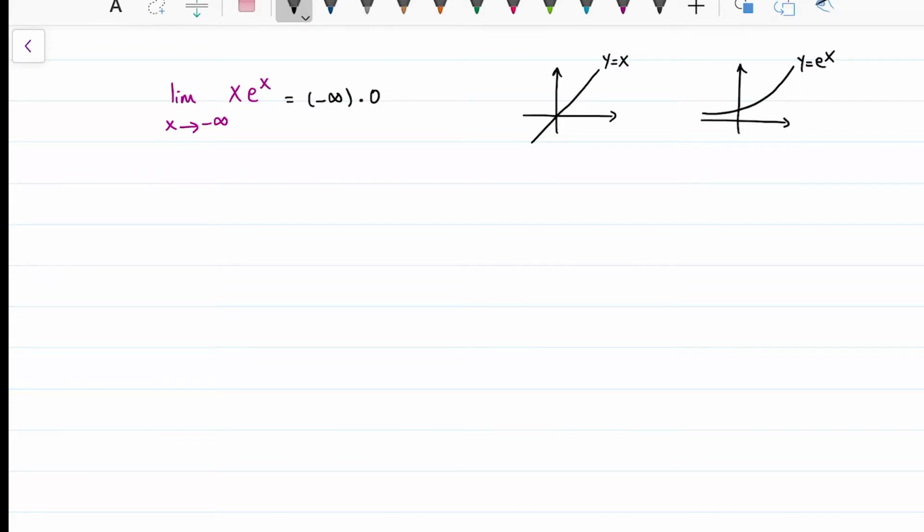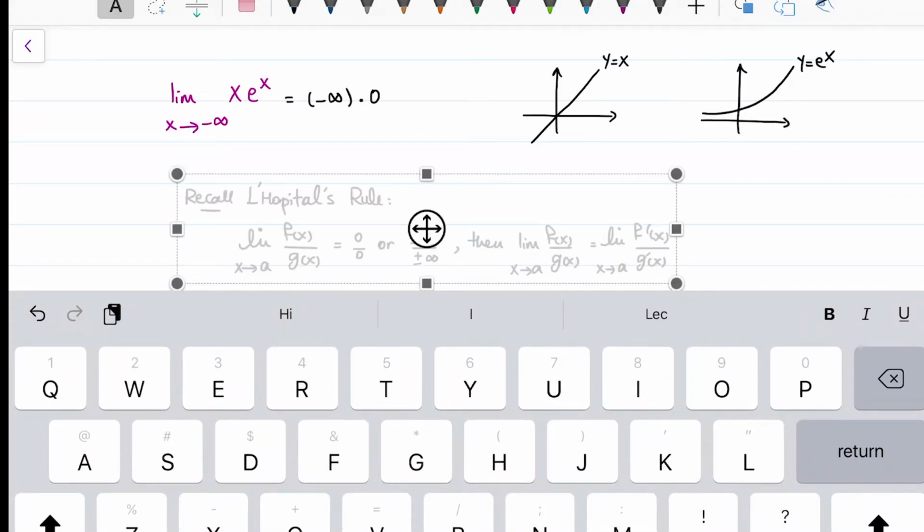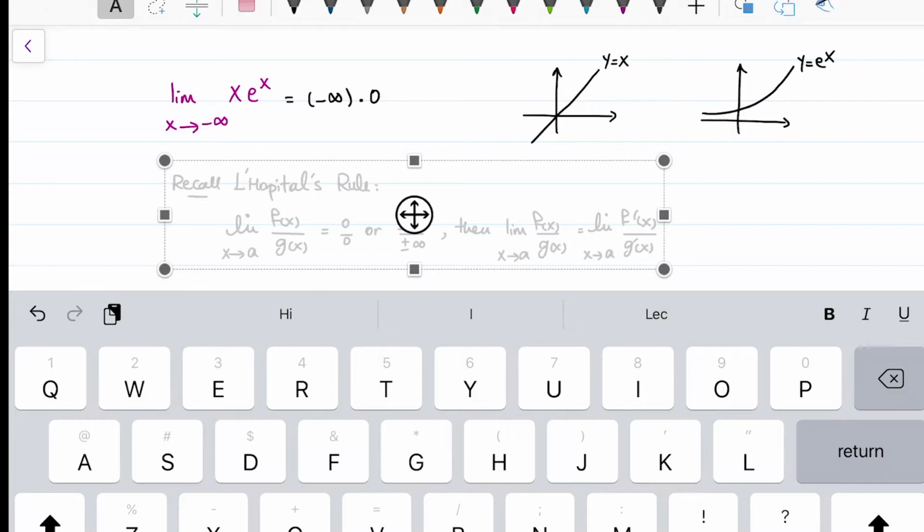Okay, so how can we evaluate this limit? We are going to use a trick, and the trick helps us to use L'Hopital's rule to evaluate the limit. Let me recall L'Hopital's rule.